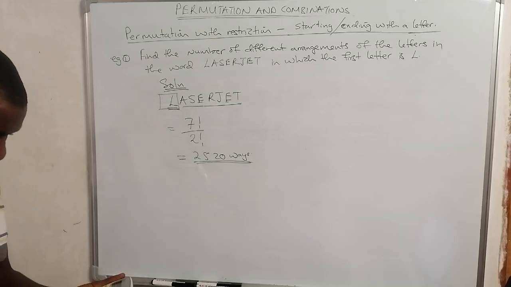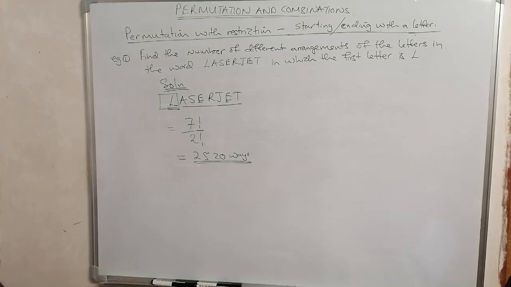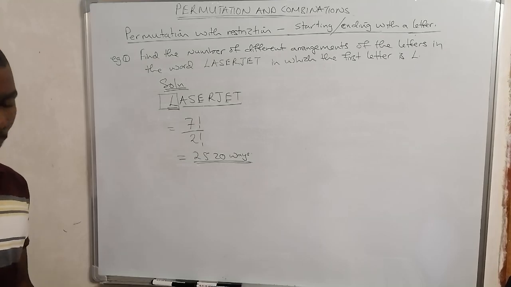Right, so this is how we deal with permutation with restriction, starting and ending.